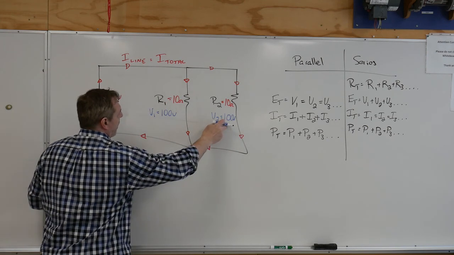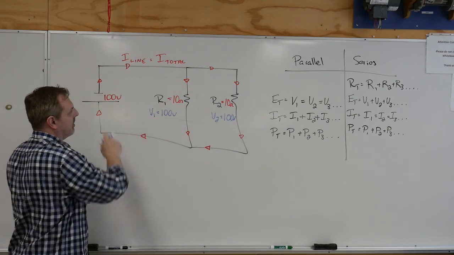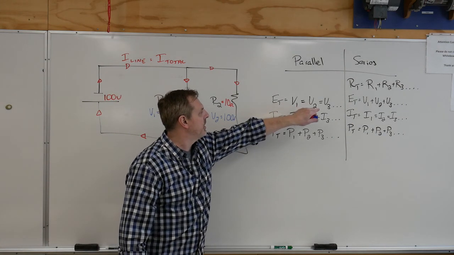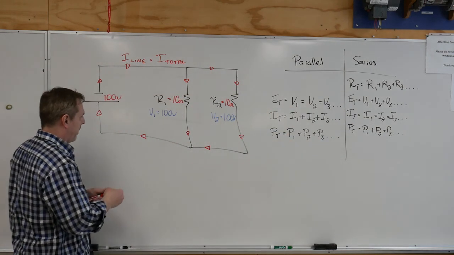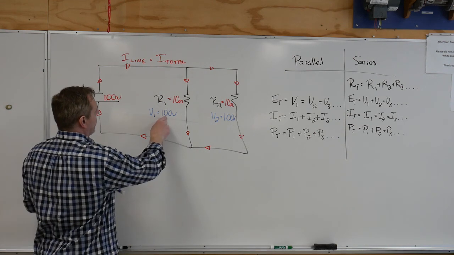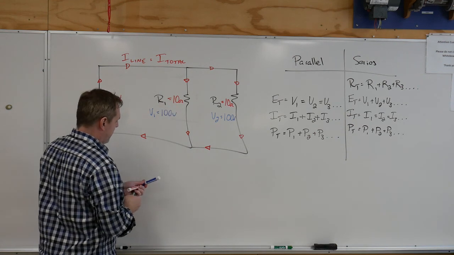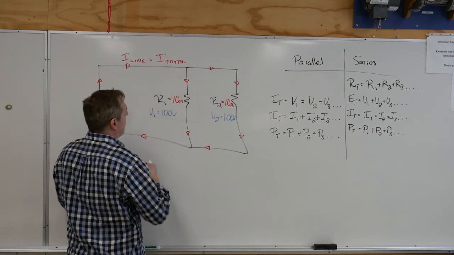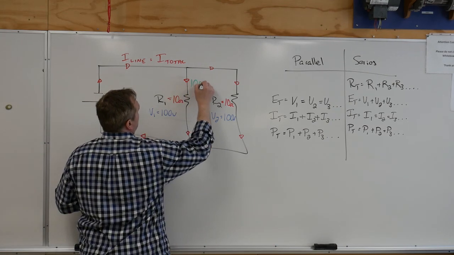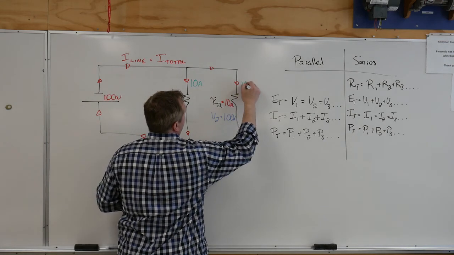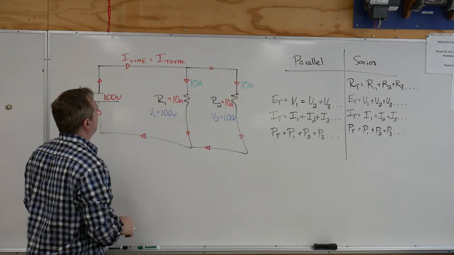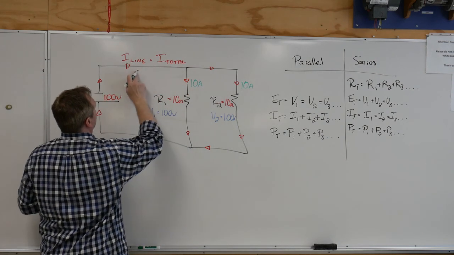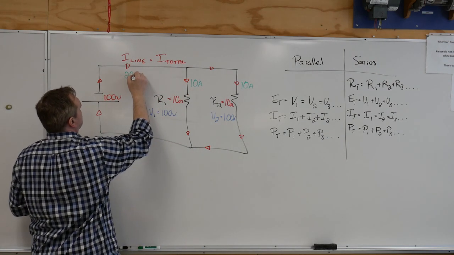Now that doesn't mean 100 plus 100 equals 200, no. Remind us of our rules, V1 equals V2 equals V3. So now that I've got that, 100 volts divided by 10 ohms will give me a current up here of 10 amps. Same over here. All right, so we've got 10 there and 10 there, meaning that my line current here is 20 amps.